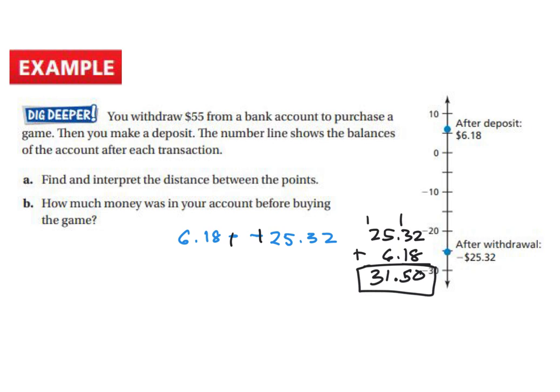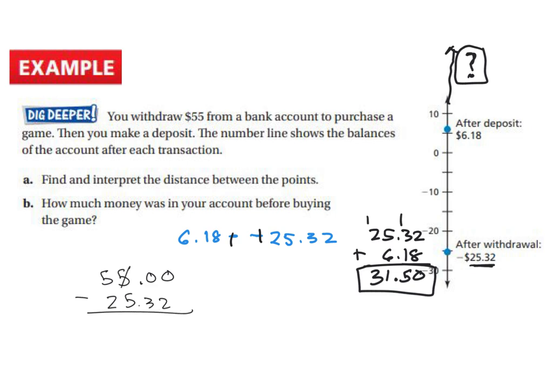Now, part B says how much money was in your account before buying the game. We withdrew $55. So 55 is the distance between negative 25.32 and this imaginary number that we don't know way up here. So to find that, all we're going to do is take the $55 that we withdrew and take away the 25.32.